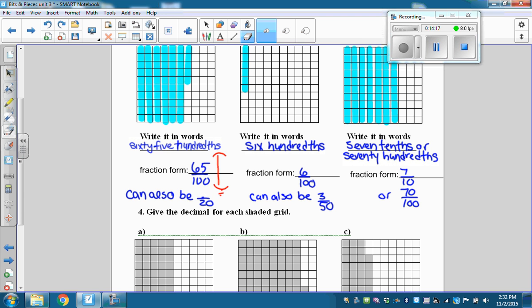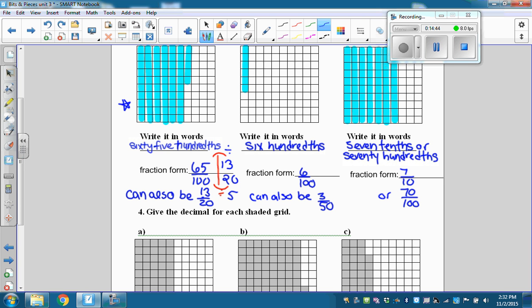What can I simplify by there? Yeah, I can simplify by 5, so I wrote 5. Divide by 5 and 65 times what? 5 times what is 65? Yeah, Andrew, 13. I should have had 13/20ths. Oops. So in your homework tonight, simplify unless you see a picture.